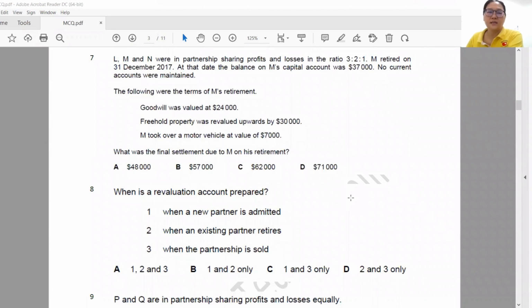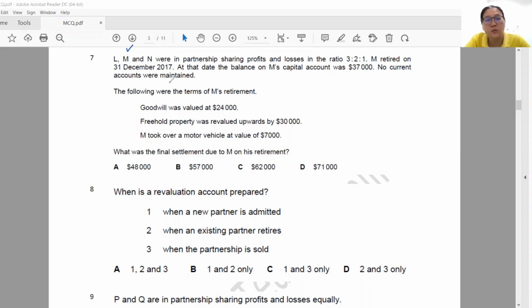Okay, next. L, M, and N are in partnership sharing profit in the ratio of 3 to 2 to 1. M retires. At the date, the balance of M's capital was 37,000.